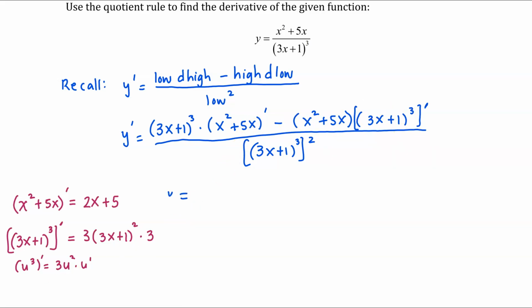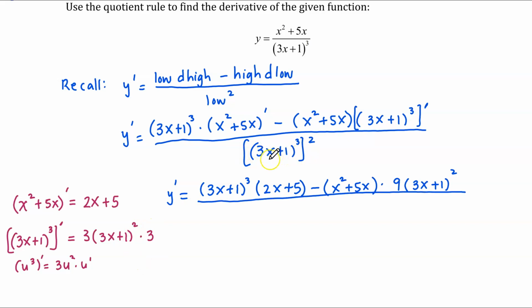Hence the derivative is equal to (3x plus 1) cubed times (2x plus 5) minus, you copy, (x squared plus 5x) times the derivative of this, which you can multiply to 9 times (3x plus 1) squared, all over, and then you square (3x plus 1) cubed, that is (3x plus 1) to the 6th, and this is your derivative. Again, you can input your answer like this.